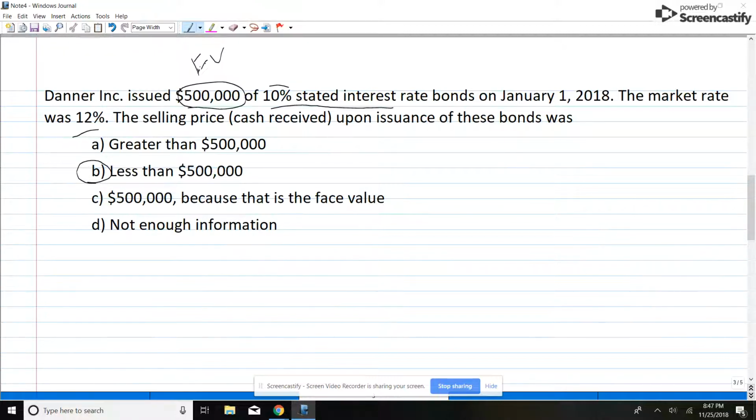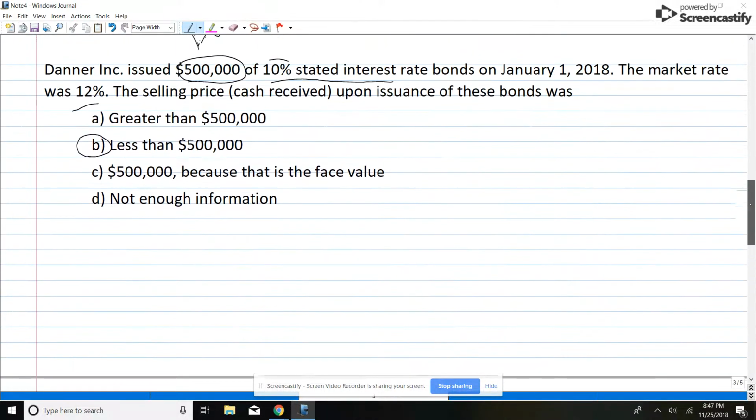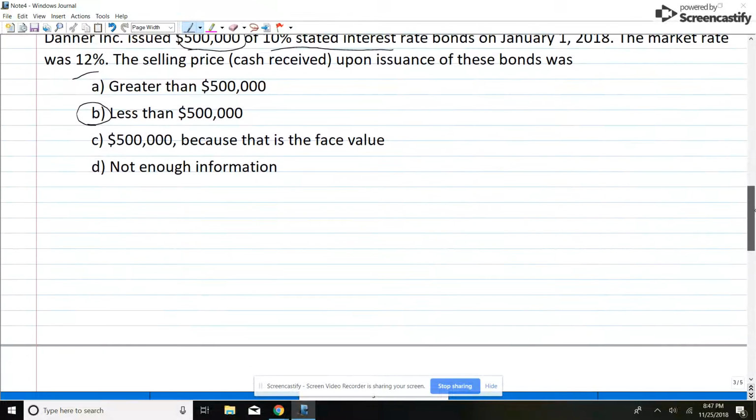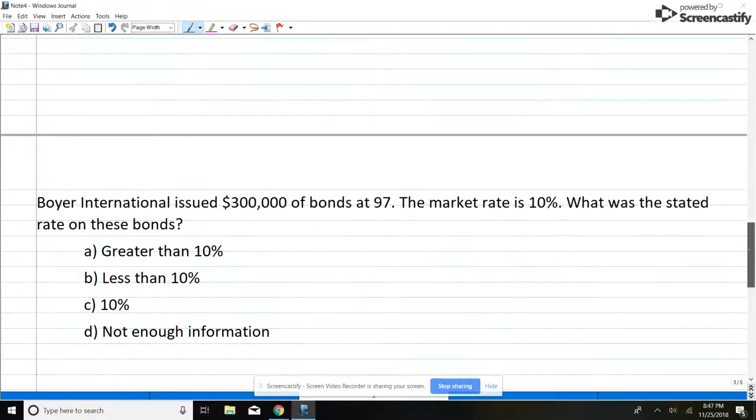So when they're not getting as good an interest rate as the market, they're going to get less cash than the face value, and then they're going to amortize the discount over the life of the bond. But you guys can worry about that if you ever decide to take accounting 341, or if, I guess, you're required to take finance 344, so you can have fun with it in there.